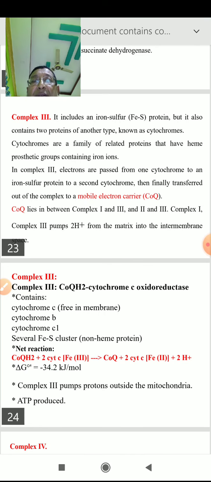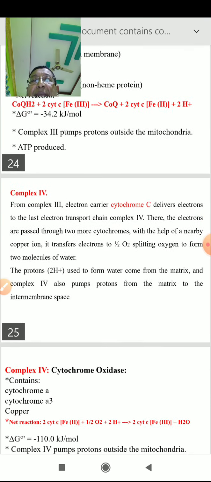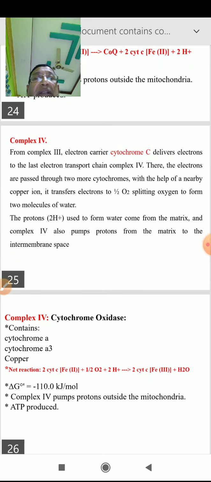In my next slide, I would like to discuss complex 4. In complex 4, the electron carrier from complex 3, cytochrome c, delivers electrons to the last complex of the electron transport chain, known as complex 4.